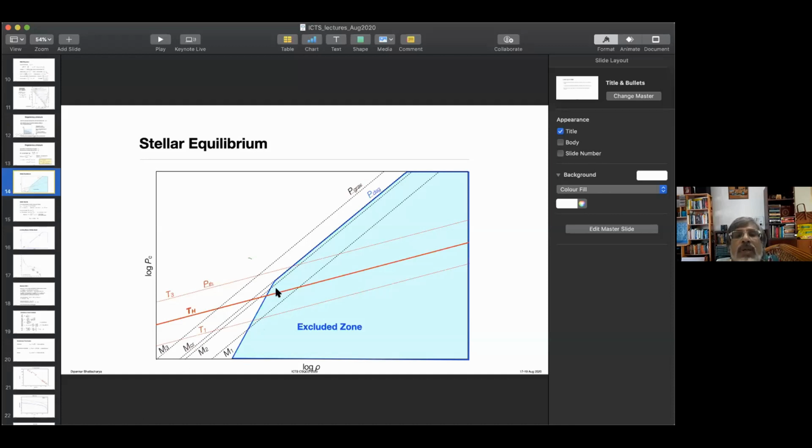So therefore, the right-hand side of this blue line is really excluded for any star to enter it, because they all come from the left. And as soon as they reach this blue line, which is supported by degeneracy pressure, it cannot contract any further.